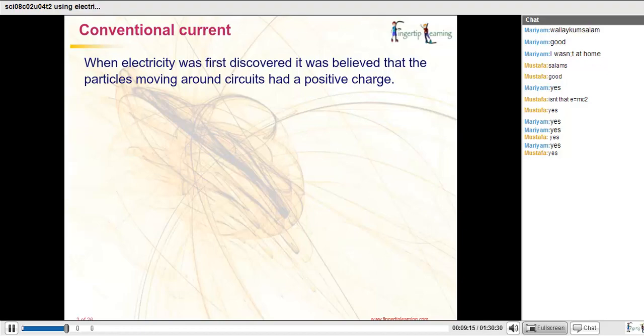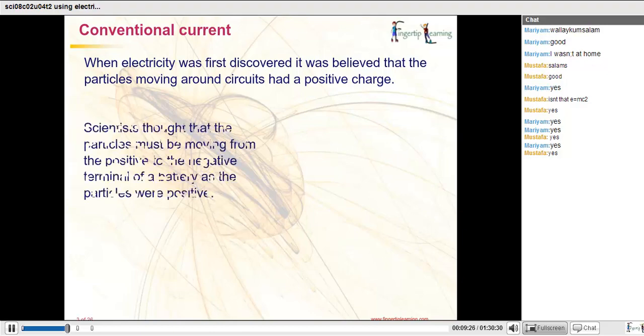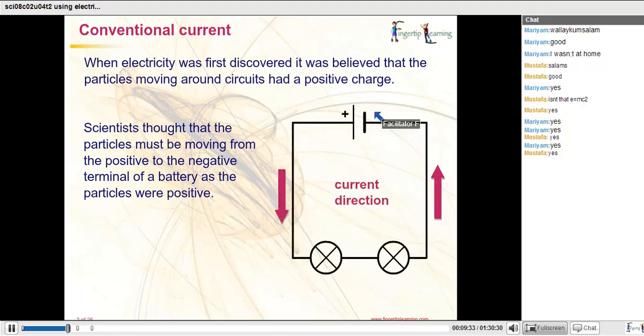Okay, so conventional current. When electricity was first discovered, the scientists who discovered it believed that the particles moving in a circuit, transferring energy, had a positive charge. Can you see that in a battery there's a positive side and a negative side?